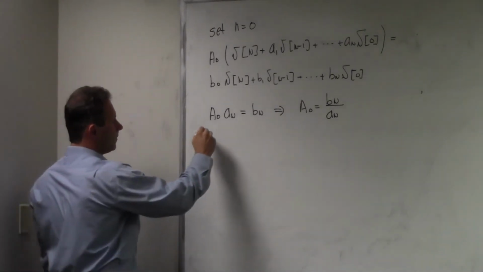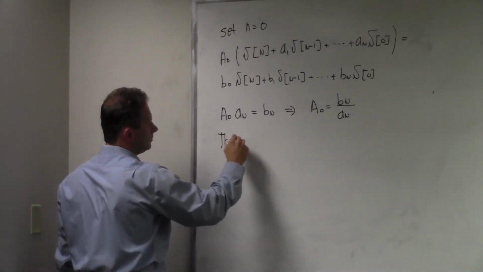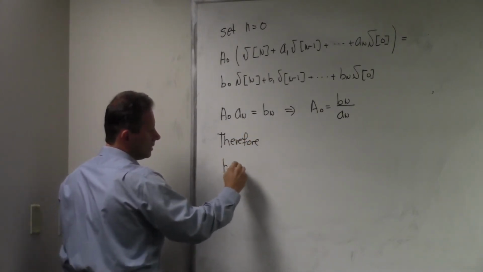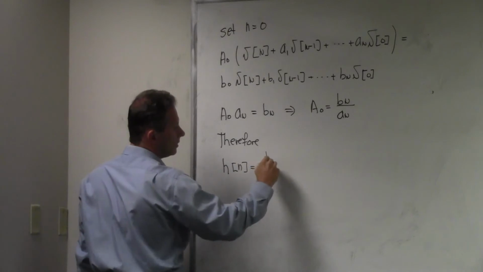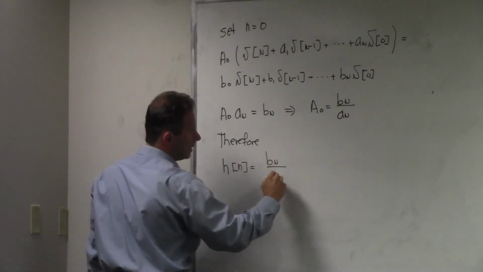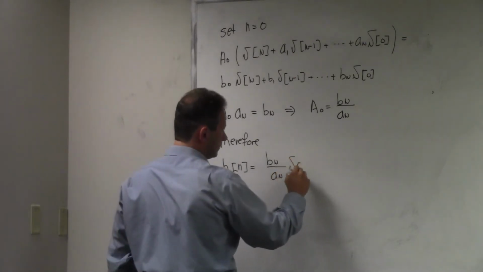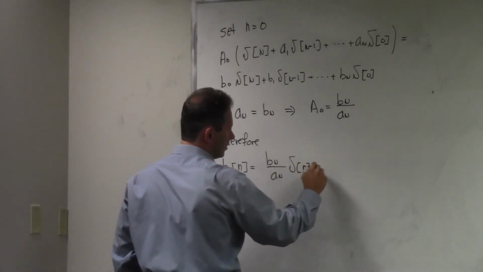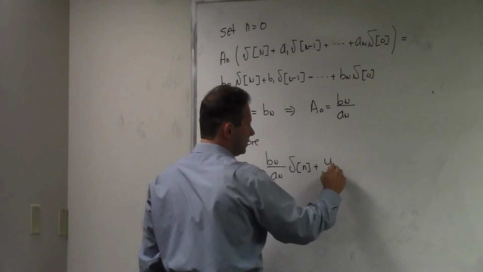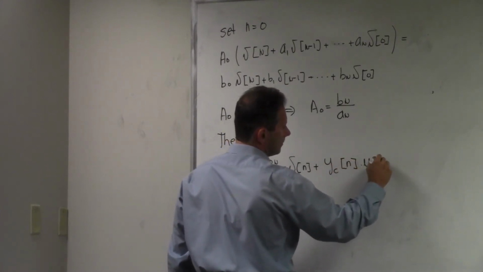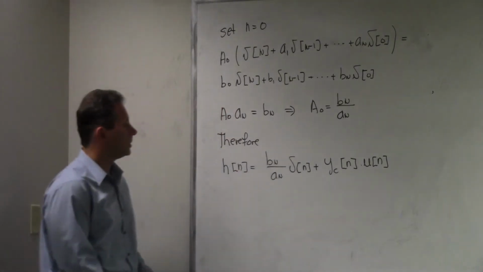So, therefore, our impulse response, H of n, has to have a form of Bn over An, delta of n, and then plus this Yc of n times U of n. So that's the form of our impulse response.